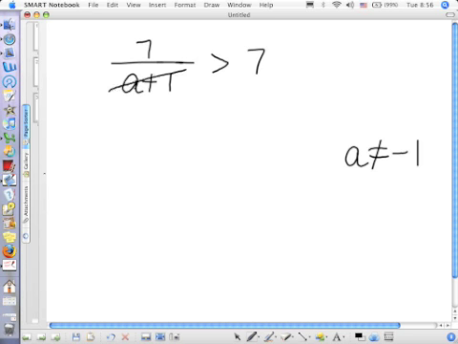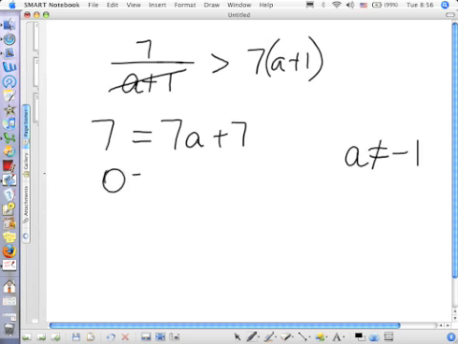I have 7 equals 7A plus 7. Subtract 7 from both sides. Divide by 7. My other number is 0. But does it equal 0? No. So I'm going to have open circles on -1 and 0.